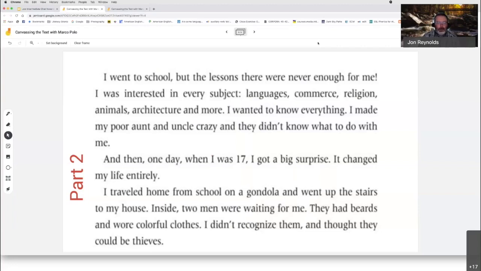I made my poor aunt and uncle crazy, and they didn't know what to do with me. And then, one day, when I was 17, I got a big surprise. It changed my life entirely.